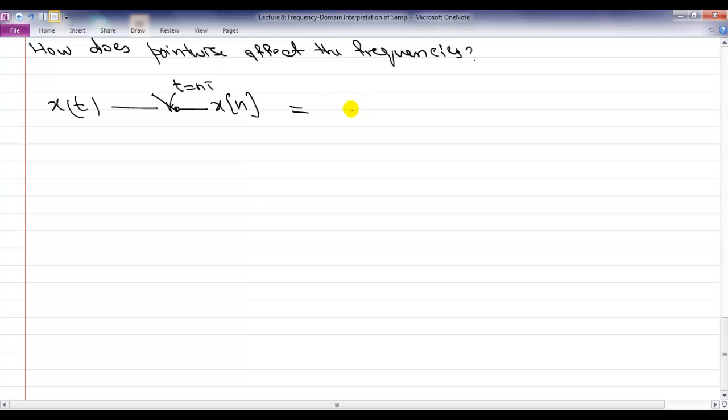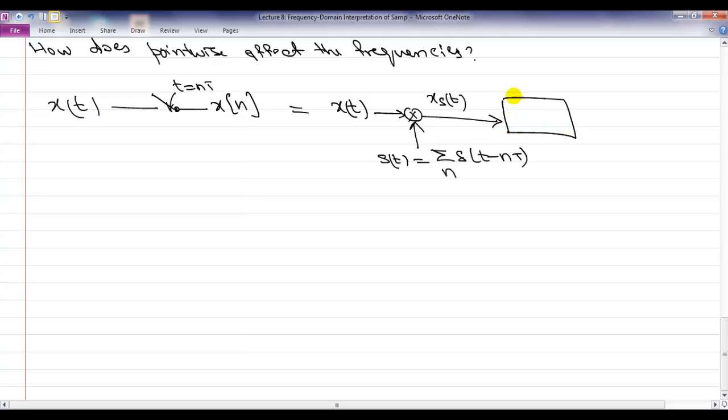We had said that it is mathematically equal to: you get x(t), you multiply it with this impulse train s(t), delta of t minus nT, and then you take this xs(t) and you convert it into samples or sequence, and you get x[n]. Okay.